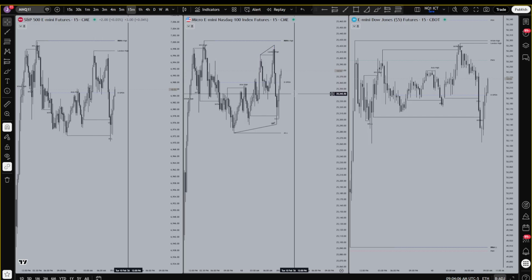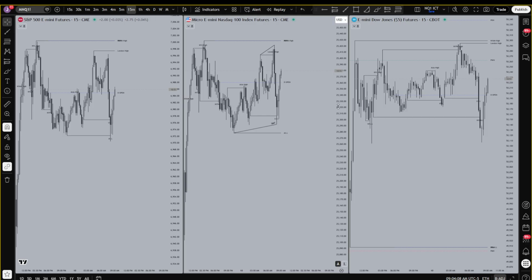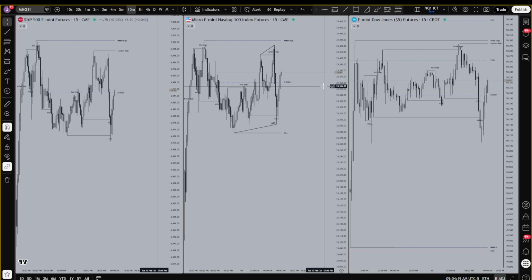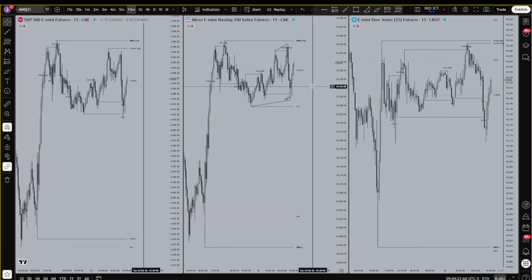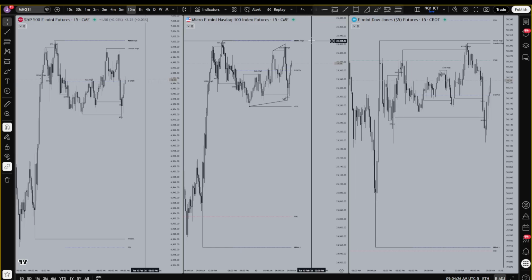It doesn't look like it, not right now. Buys for today, we're just going to have to wait for market open. We do like previous day high as a draw on liquidity.